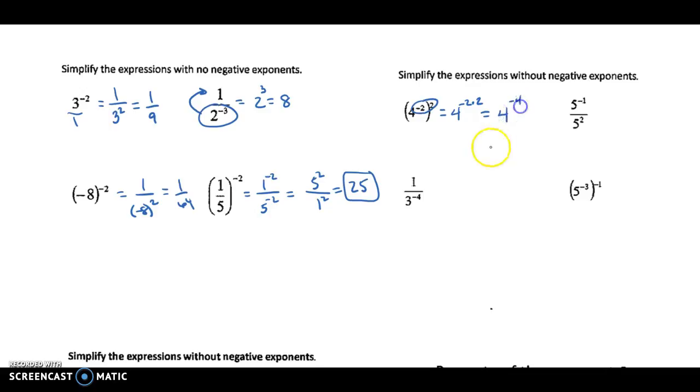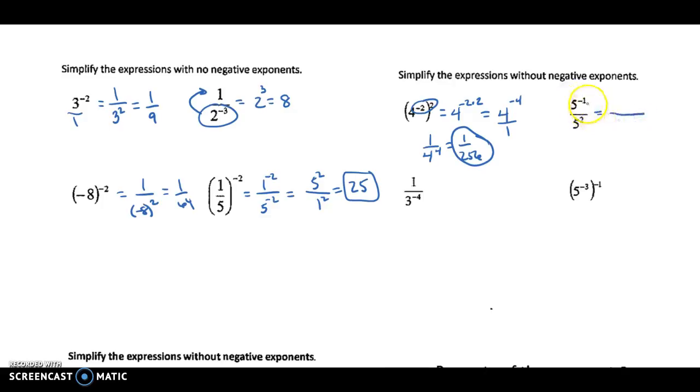I get 4 to the negative 4, but if that's in the numerator, I'm going to bring it down, make that exponent positive, and then I would get 1 over 4 times 4 is 16, times 4 is 64, and then 64 times 4 would be 256. So it would be 1 over 256.